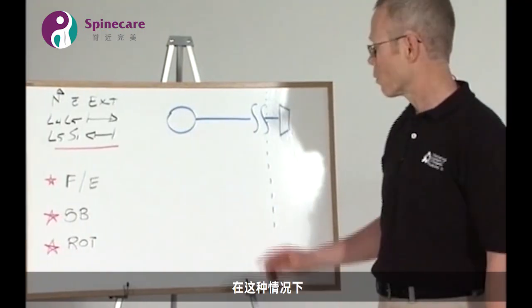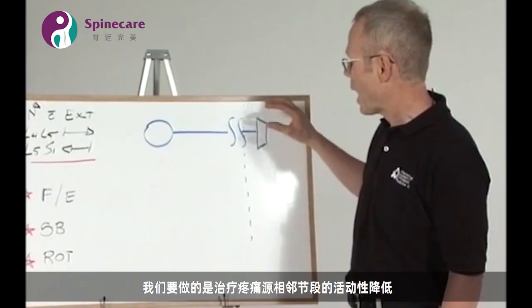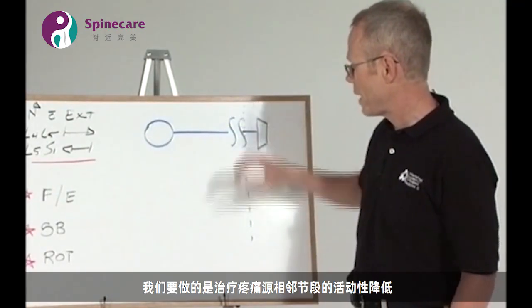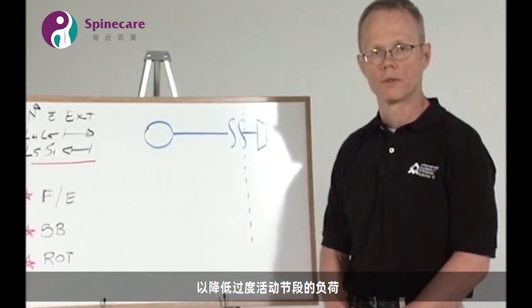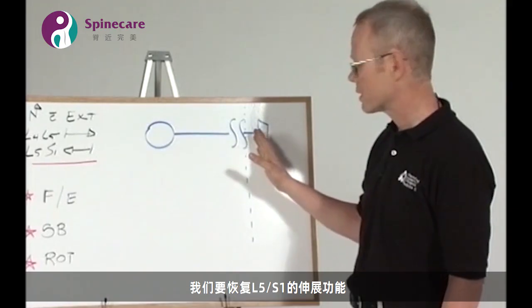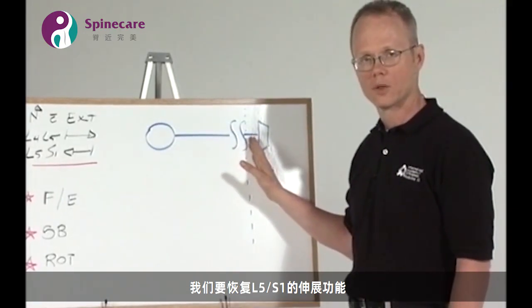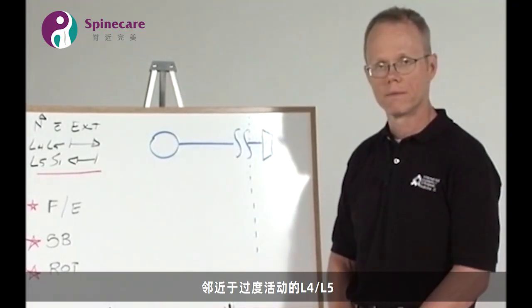In that event, what we're going to want to do is treat the hypomobile segment next to the pain-generating hypermobile segment to take the load off that hypermobile segment. In this case, we're going to restore extension at L5, S1 next to a hypermobile L4, L5.